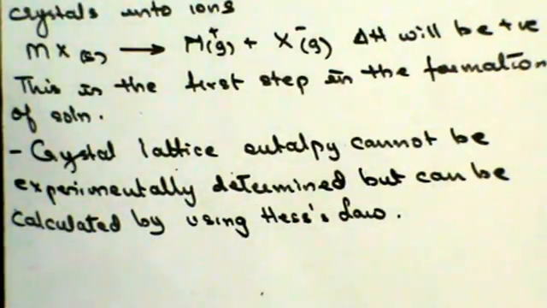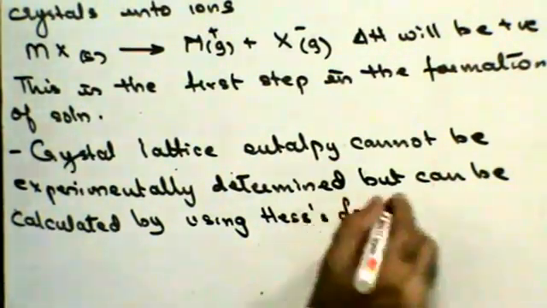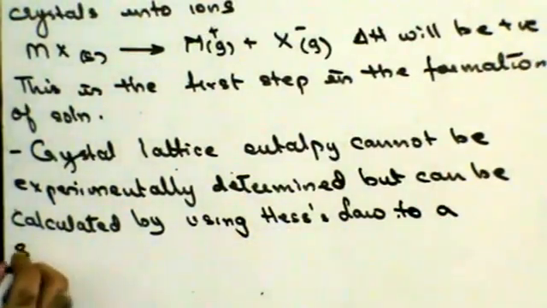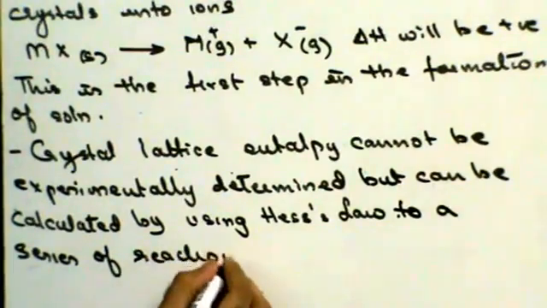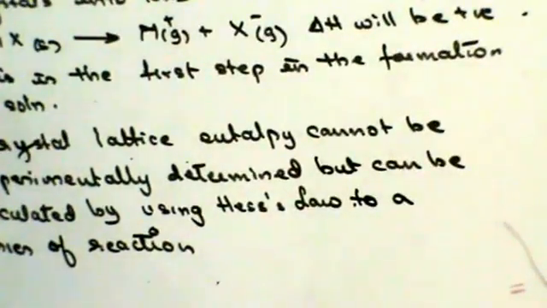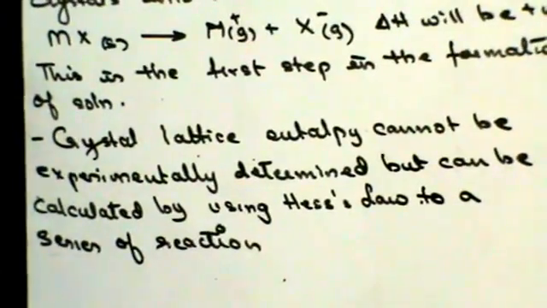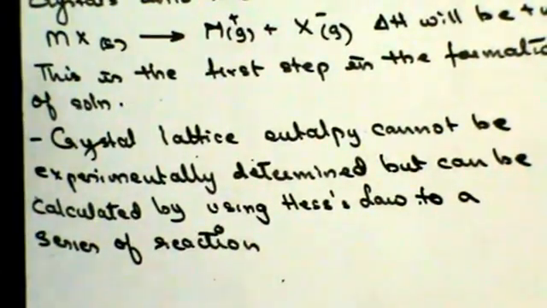Can be calculated by using Hess's law, right? To a series of reactions, obviously. If I apply Hess's law to a series of reactions, I would end up getting the enthalpy of crystal lattice. So you cannot experimentally calculate it. It is done with the help of Hess's law.